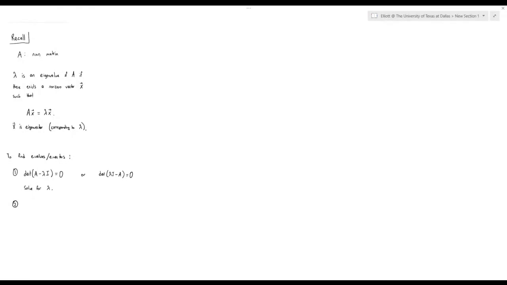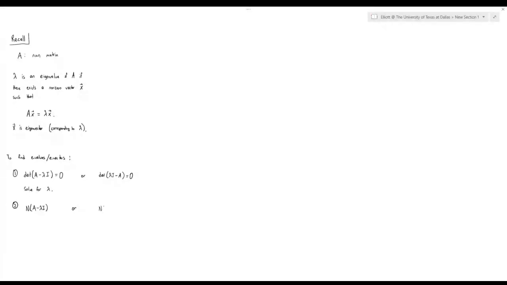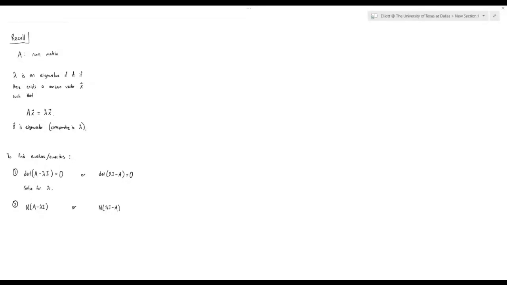Once you have the eigenvalues, to get the corresponding eigenvectors, you look at the null space of A minus lambda I, or you could look at the null space of lambda I minus A instead, so one or the other.